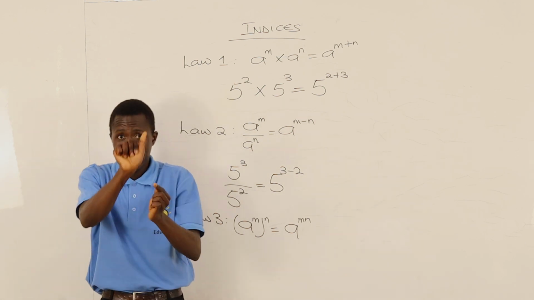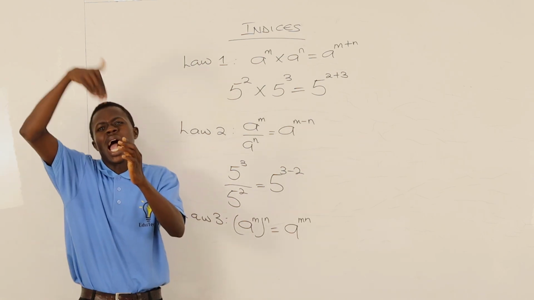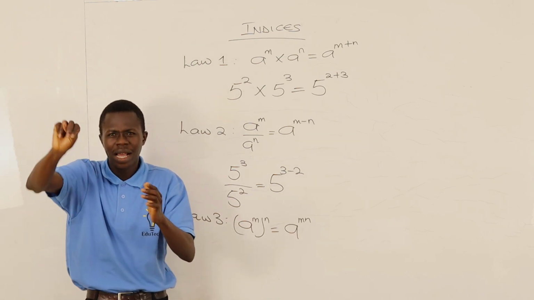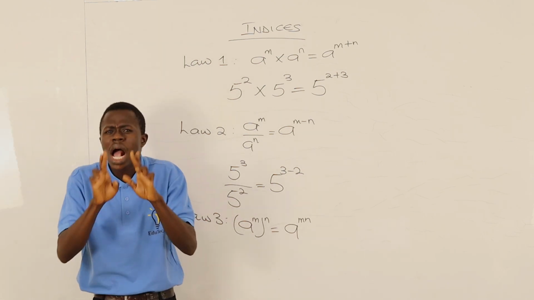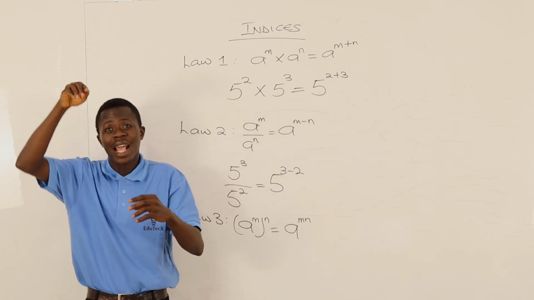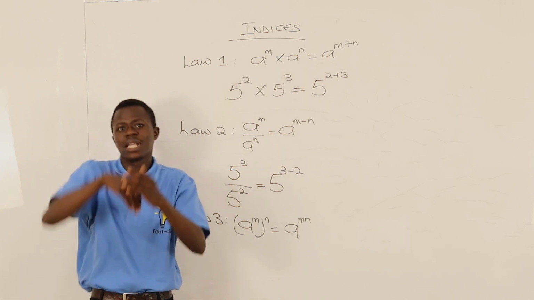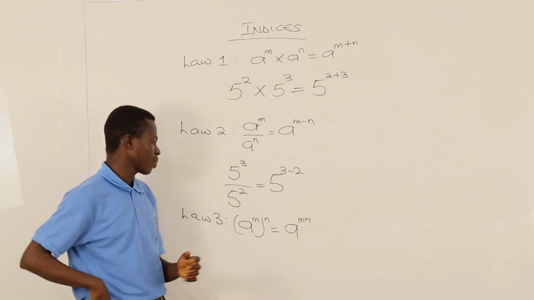Again, when you have an expression inside a bracket a raised to the power m, and there's an exponent outside the bracket n, the answer is going to be of the form a raised to the power m multiplied by n.